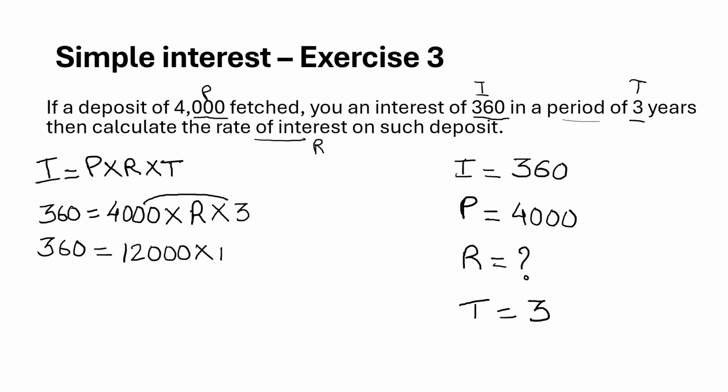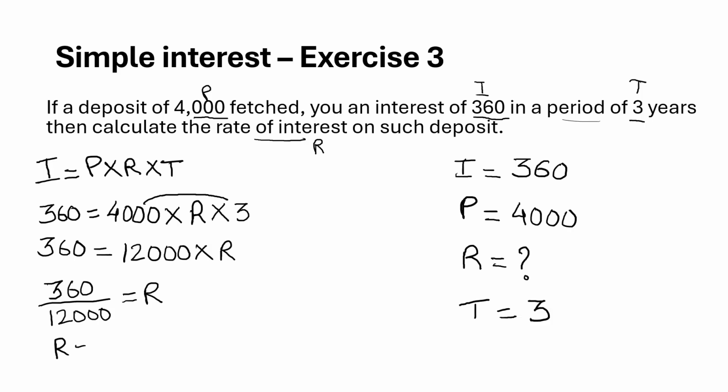multiplied by R. The same thing, now what will we do? This multiplication we will take from the right side to the left side. So it will become divide. So 360 divided by 12,000 is equal to the rate of interest. When you calculate this on the calculator, 360 divided by 12,000, what do you get?